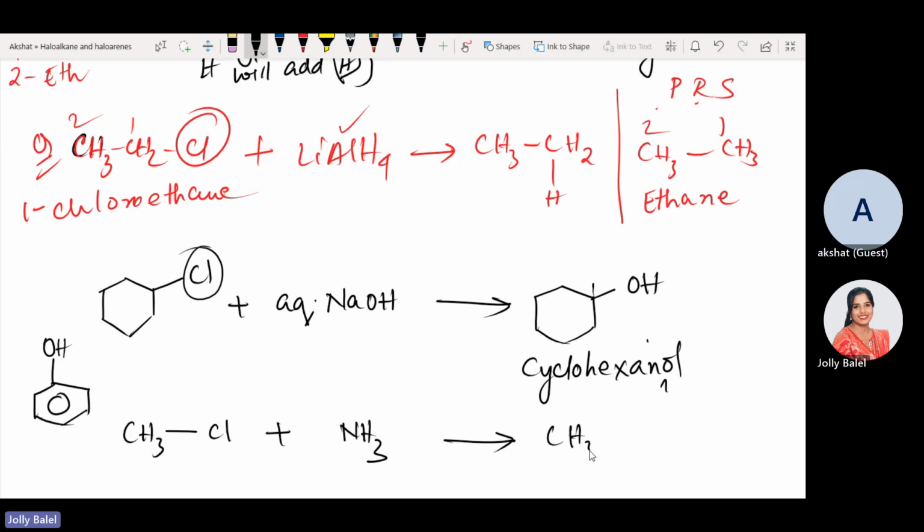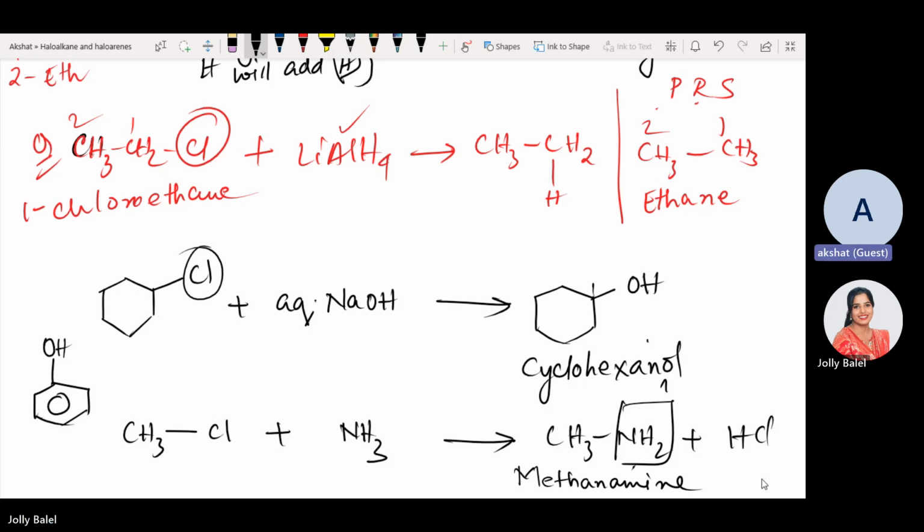Right. CH3 NH2 plus HCl. So what would be the name? The functional group NH2 is amine. One carbon is there. It is known as methanamine. Single bonds are there. So methanamine.